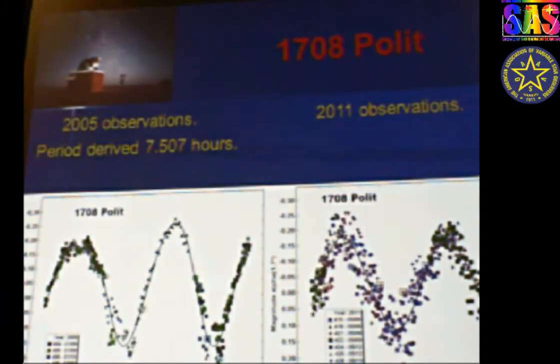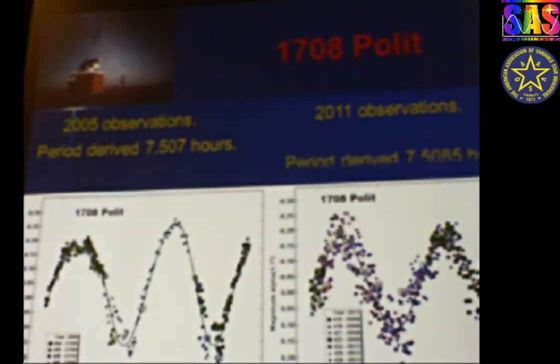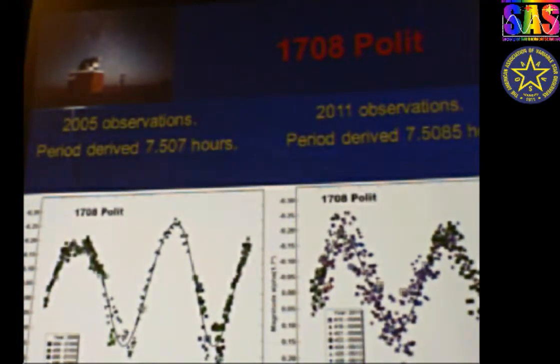So here's the data that I got for Pollet. On the right there, we've got the data from 2005, and on the left is the data from late 2011, where I made the next set of observations. Periods that I derived came out to be nice and close to each other, which was always good to see.